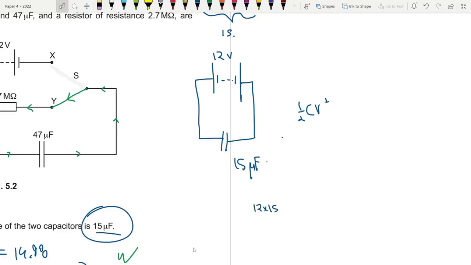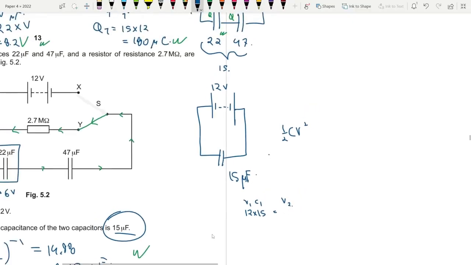What about V2 C2? We don't know the initial voltage of the 22 microfarad capacitor, but we do know its capacitance. It's 22. So V2 is basically 12 into 15 by 22, which gives us an answer of 8.2. So that's what they did in the mark scheme.